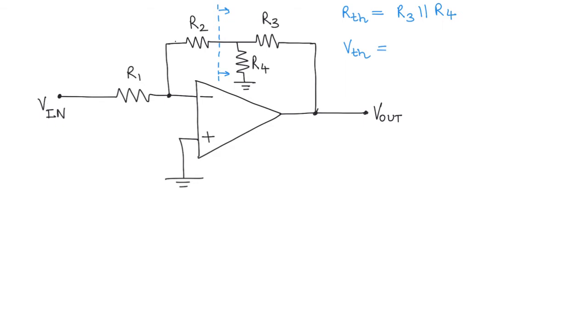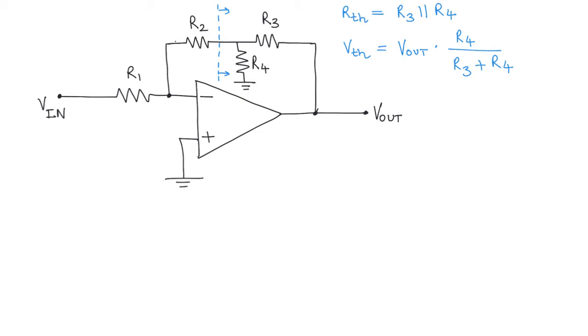To do that, we open the circuit at this point and look at what the voltage is because of this V out. And what we find is that the Thevenin voltage is V out times R4 over R3 plus R4.